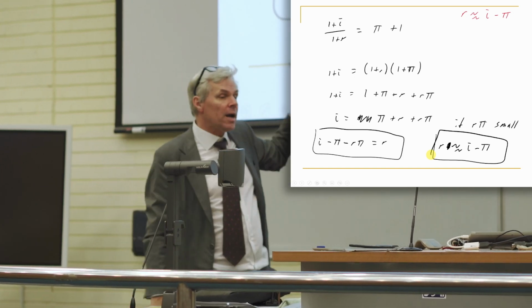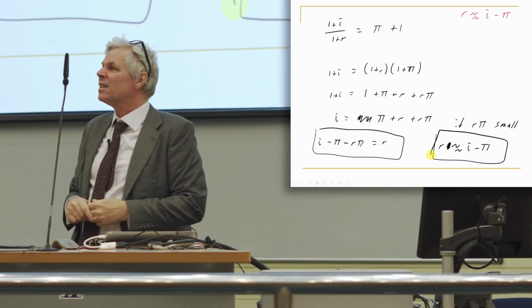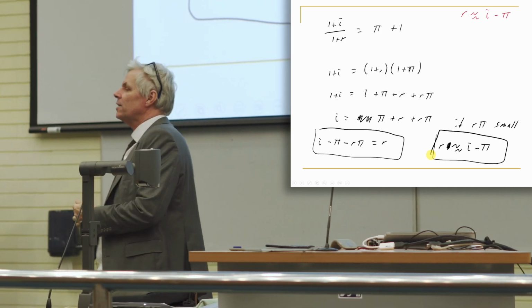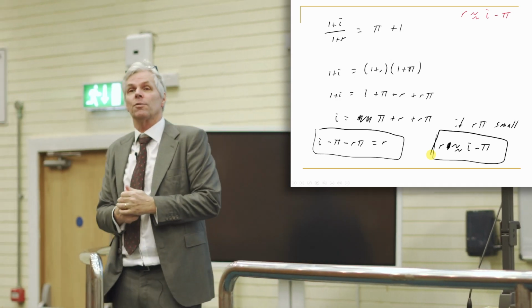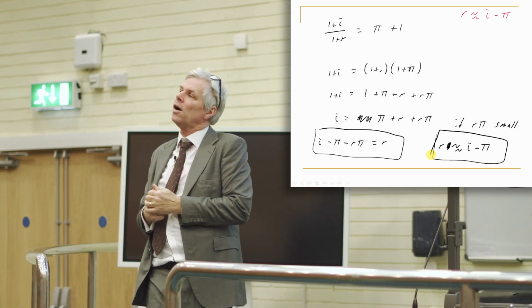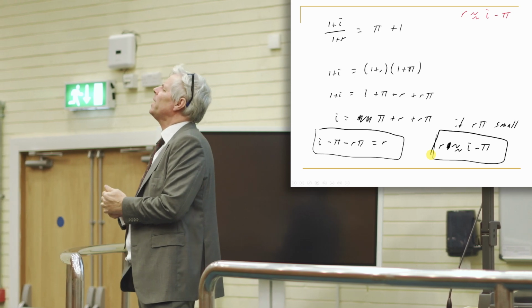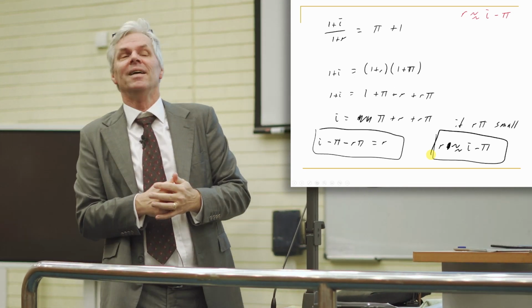The other thing to say is that lots of people learn this and tattoo it on their arm: the real interest rate equals the nominal interest rate minus the rate of inflation. They pretend they understand it and go off to London and make tons of money in investment banking and hedge funds.